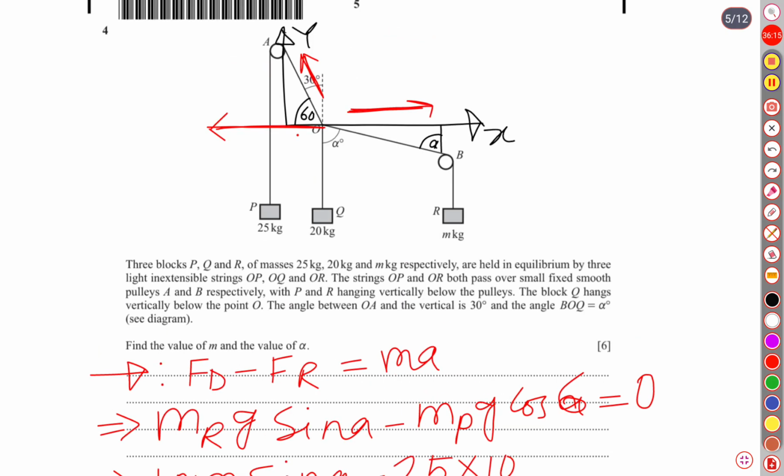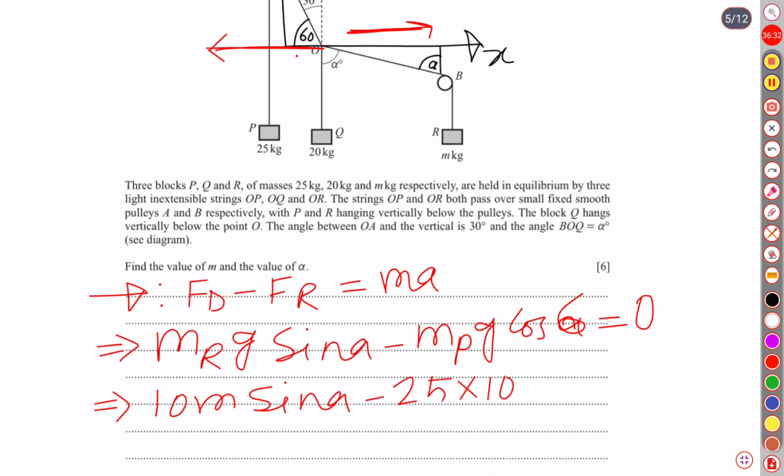If the upper part is 30, then definitely this lower angle is 60. So we will have to write cos 60 degrees, and cos 60 degrees is equal to 0.5.